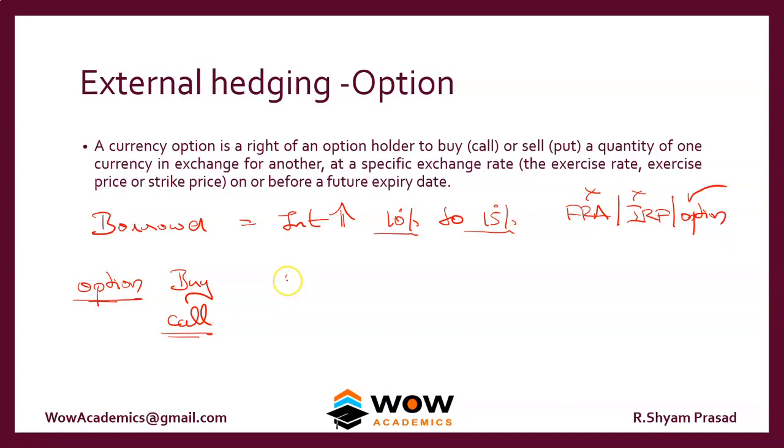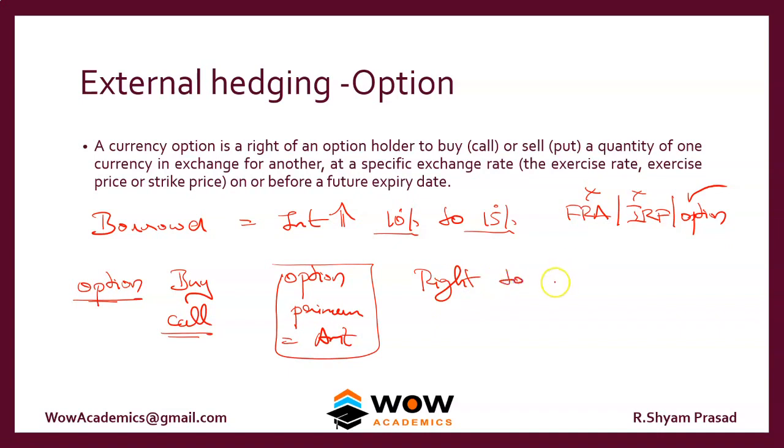You have to pay an option premium. That is to enter into the contract. And once you have paid the premium, you have the right. What right do you have? You have the right to receive interest above 10%.